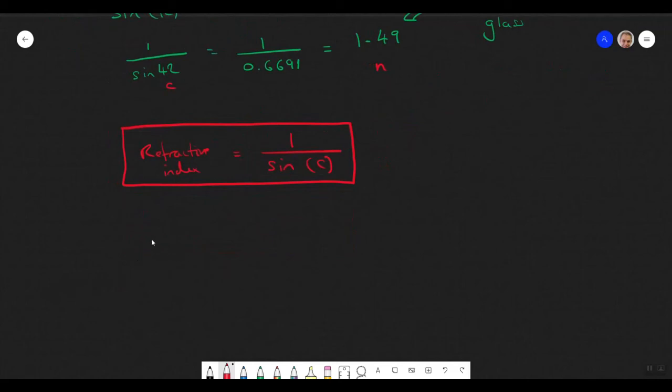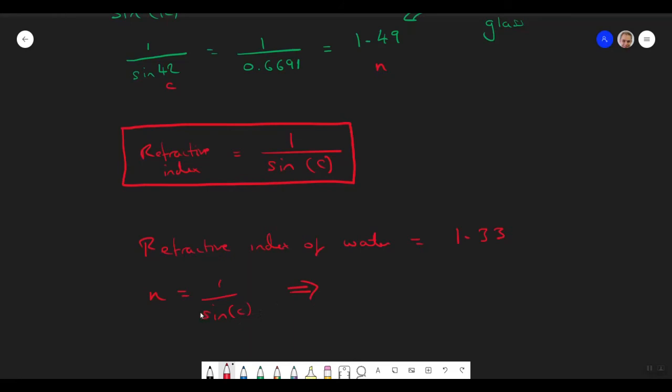So if we say that the refractive index of water equals 1.33, well, that means we could say n is equal to 1 over sine c.